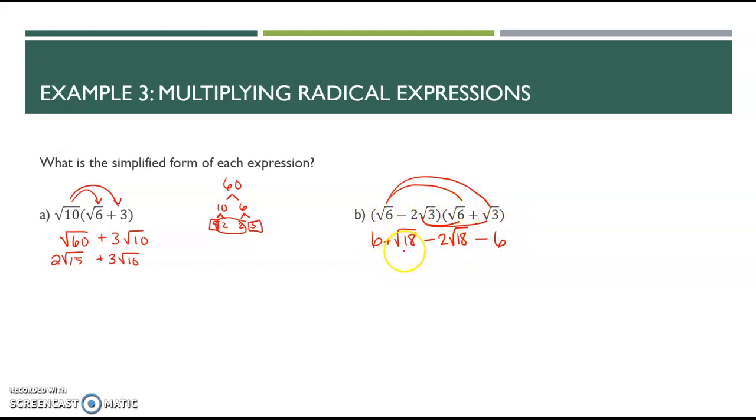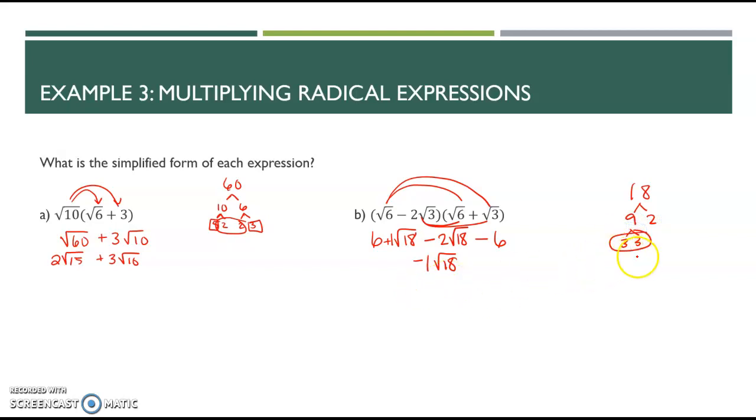And then I'm going to combine like terms. So 1 square root 18 minus 2 square root 18 is going to give us a negative 1 square root 18. And 6 minus 6 is 0. Now 18 is not the most simplified, right? Because I know 9 goes into it. So that's 3.